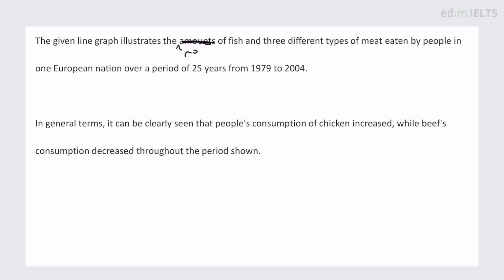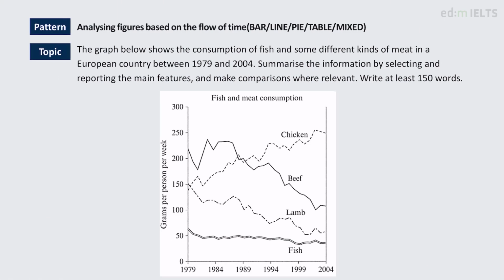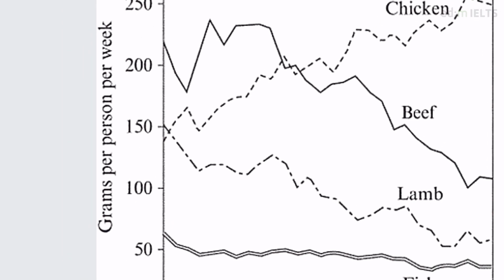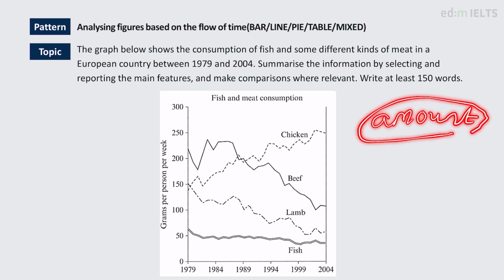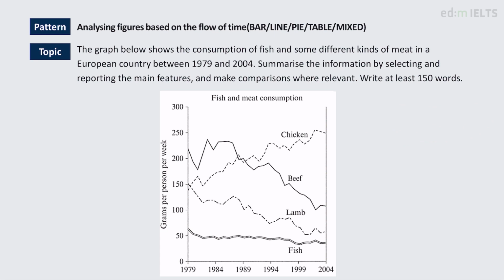One thing I will change is I'll change amounts to quantities. And the reason why I'll do that is there's a focus here on measuring something in grams, giving measurements, and we tend to use quantity for them. Amount, on the other hand, is usually for uncountable nouns that we aren't really measuring.